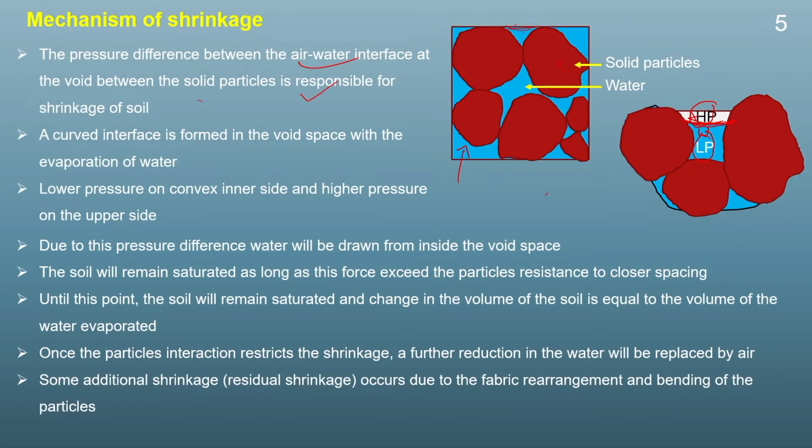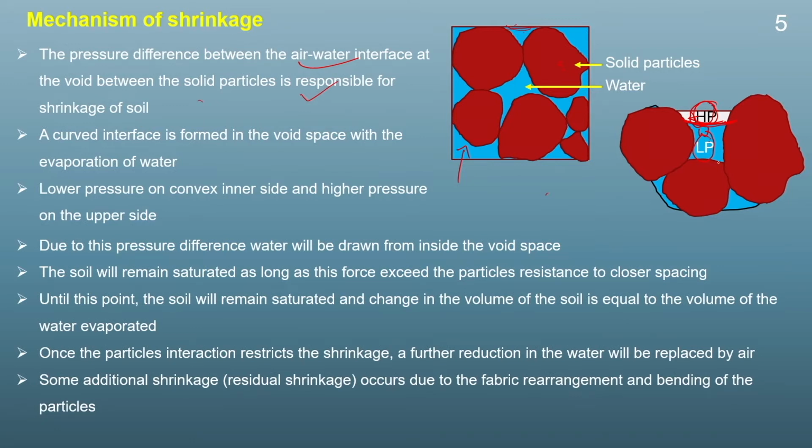A curved interface is formed in the void space due to the evaporation of the water, and we need to remember that the higher pressure will develop on the upper side, whereas lower pressure will develop on the convex inner side.